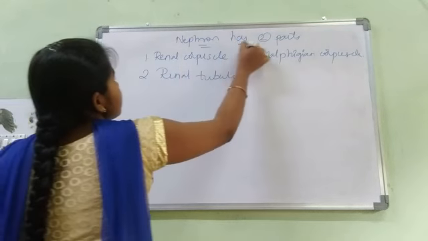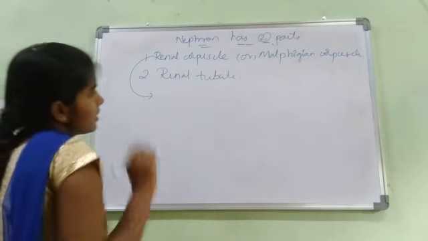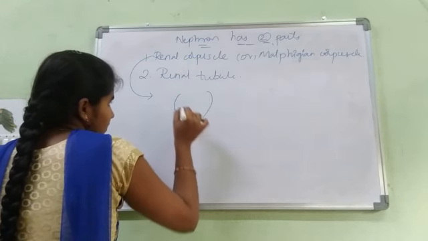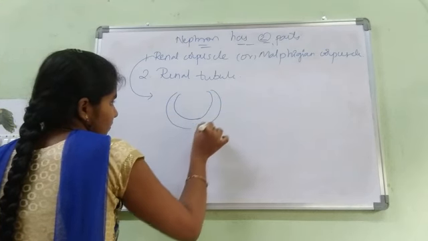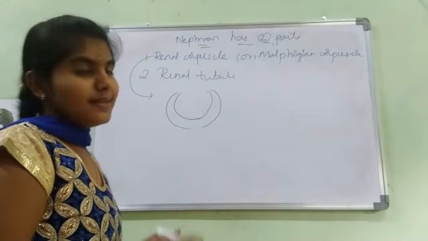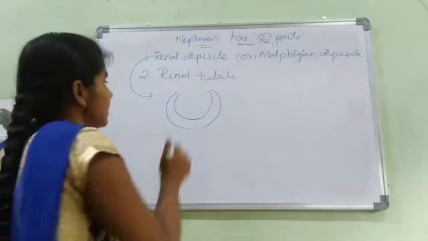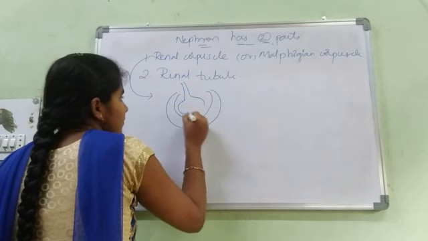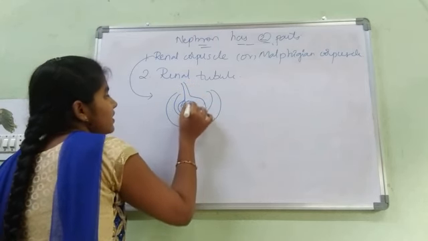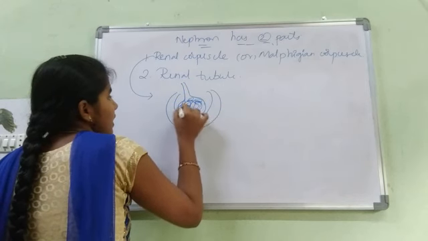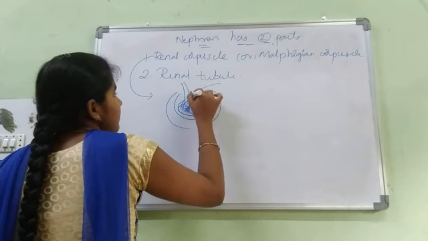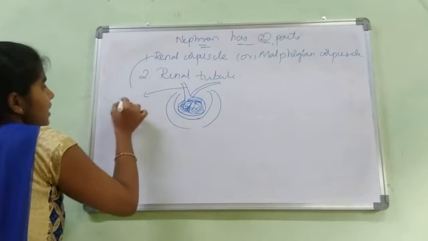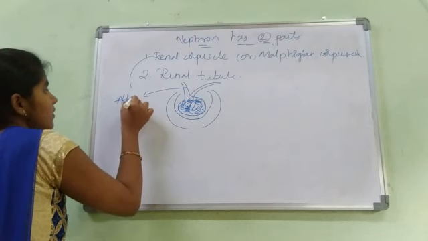Now this renal corpuscle further continues as a network of blood capillaries. A network of blood capillaries forms the glomerulus. See friends, this is the afferent arteriole.